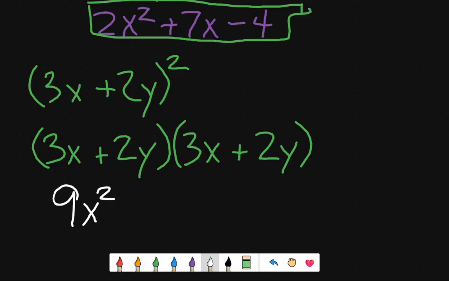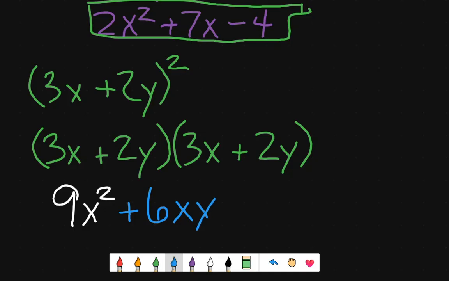Let's just circle those really quickly. These are our outer terms, so we have to multiply 3x times 2y. So what is 3x times 2y? Well, 3 times 2 is 6. And then x times y, we have xy.